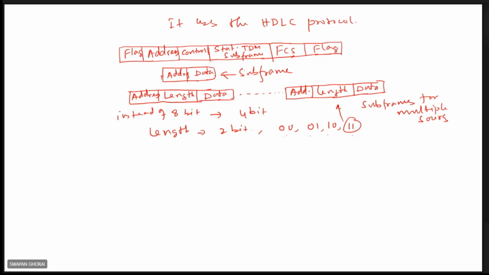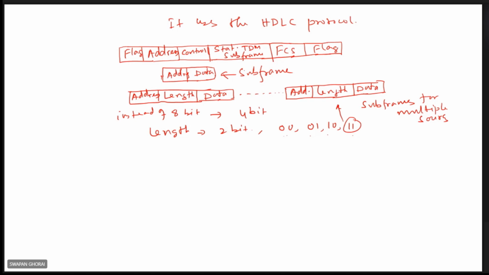Why is overhead required? Because here time slots are allocated randomly, dynamically to the input lines. So the receiver will be confused if the address is not there, about which time slot is allocated to which input line. So address information must be there.